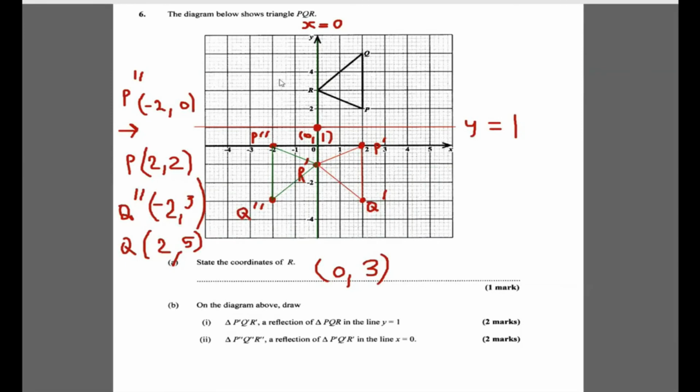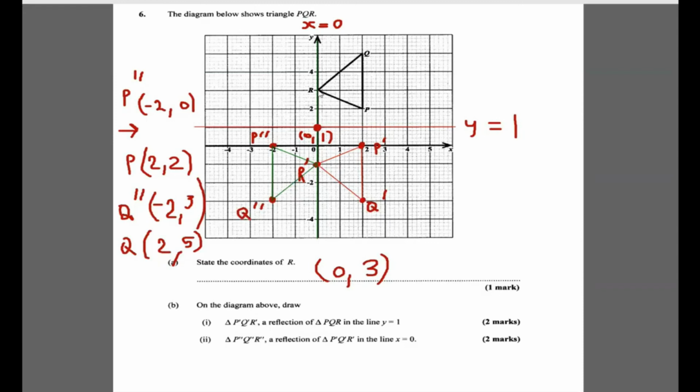The area of triangle PQR, you can actually count up the squares. This is 1 full box. This and this make 2. This and this, really and truly, that looks like 3. The area looks like 3. How do I know that?